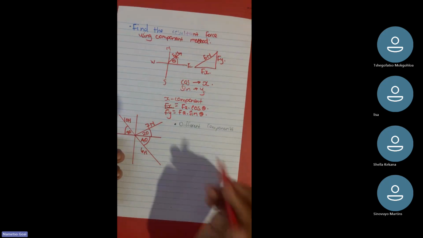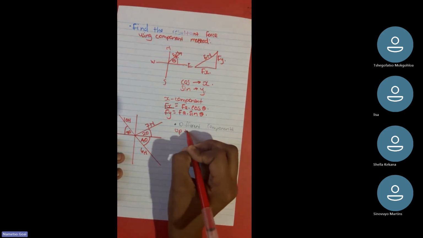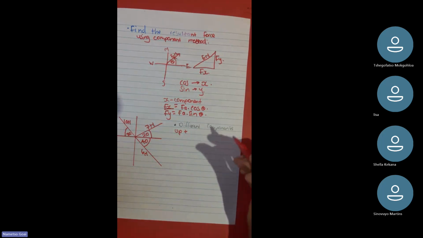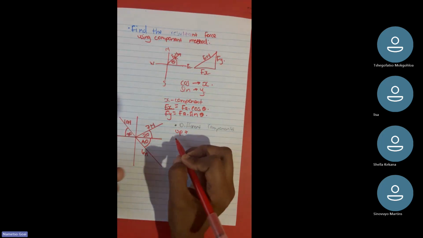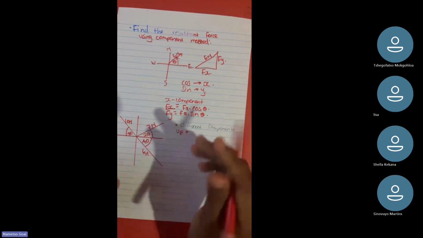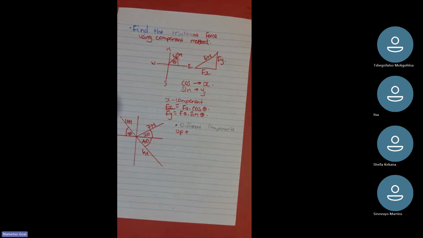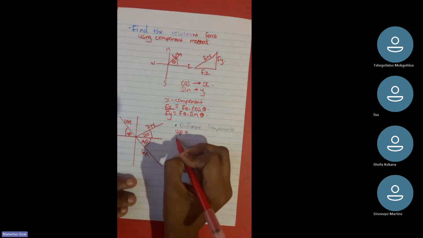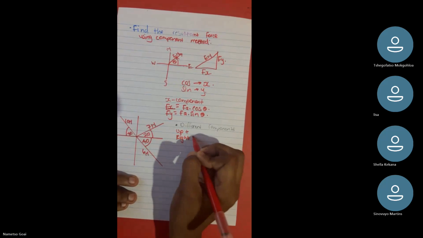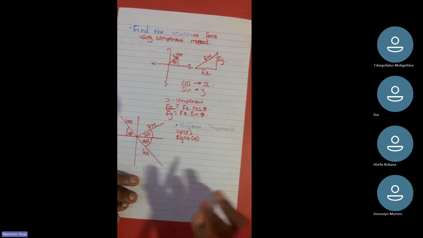Either you take up as positive or down as positive, and you also have to choose right or left as positive. In this case, I'm going to choose up as positive and right as positive as well.